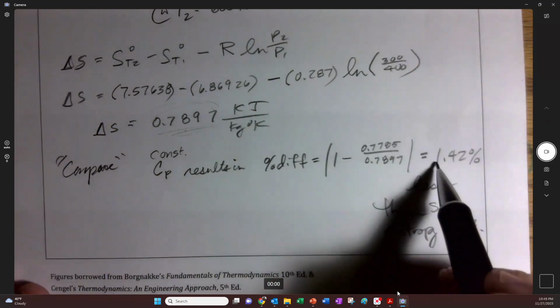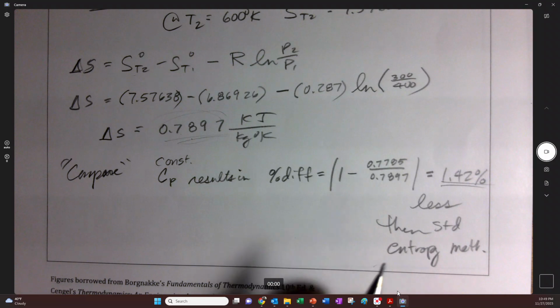Right there, now we know what our comparison is of these two things.